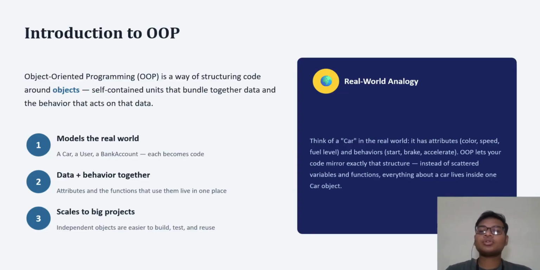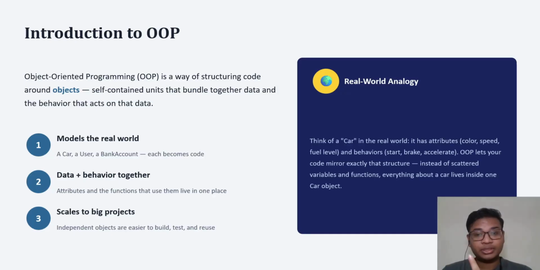When we talk about the real world analogy, what does it mean? Imagine how the real world analogy works in object oriented programming. Just think about a car. In the real world, a car has attributes. What are the attributes? A color, a speed, a fuel level. And behaviors like start, brake, accelerate.